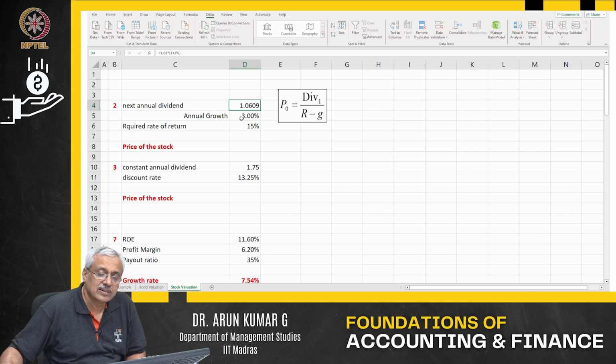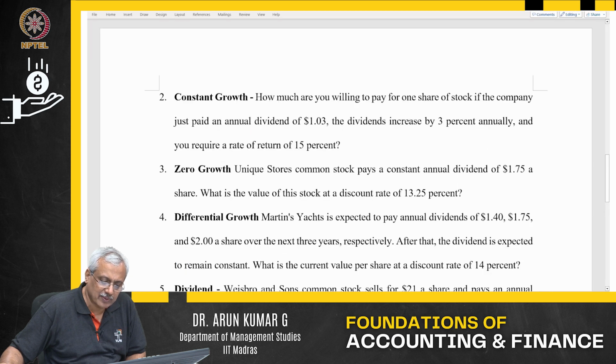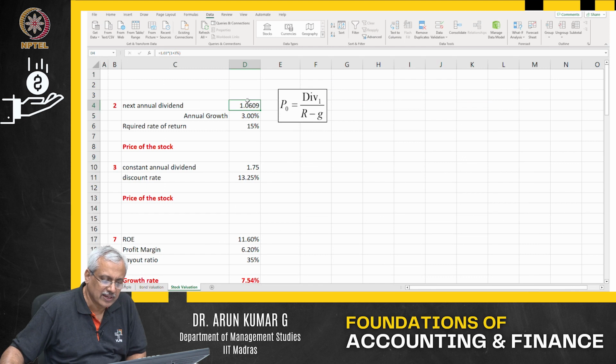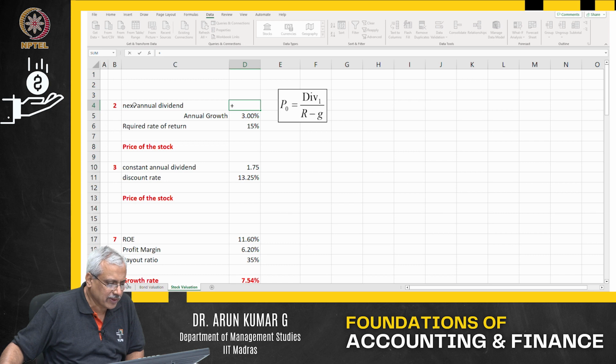Next annual dividend, because what is the dividend out here in this particular case? The dividend is about 1.03 is your dividend. So it is going to grow at 3%. So I have taken the growth, that is 1.03. Let me solve it out here. I'll add one more row out here. That's not a problem.